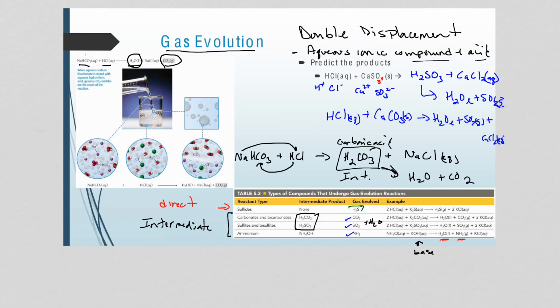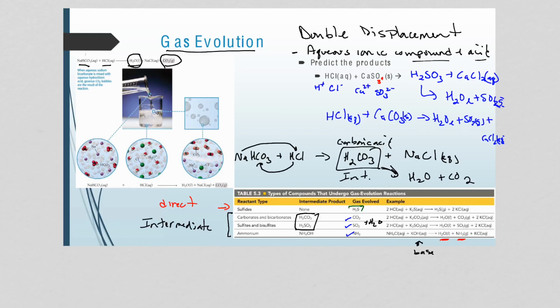And so gas evolution is a third classification of these aqueous reactions that we've been looking at. As a little review here, we talked about precipitation reactions. These are reactions that form a solid when combining two aqueous ionic compounds, using solubility rules to determine that.